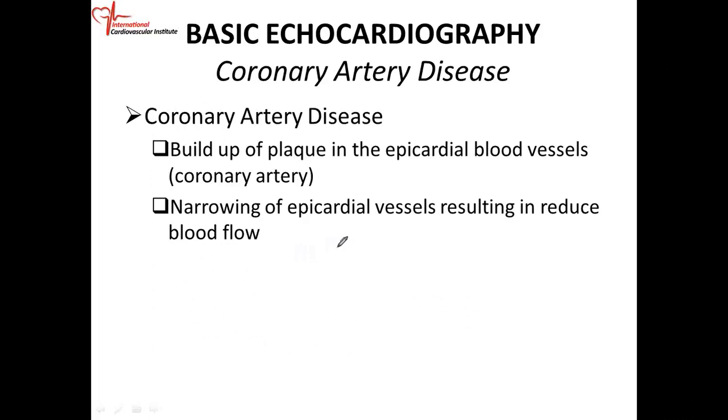So just looking at the blood vessels around the heart itself, the left main, which comes down like that, which is on the left side, is going to give a branch. We call that the left anterior descending coronary artery.